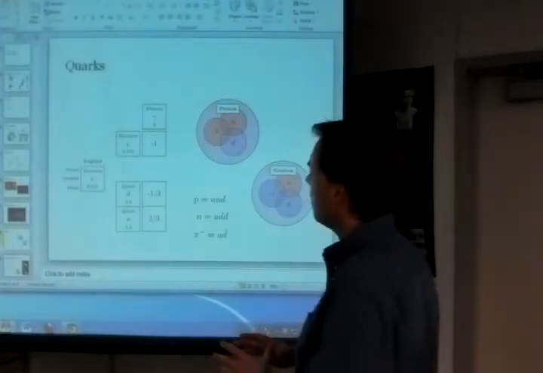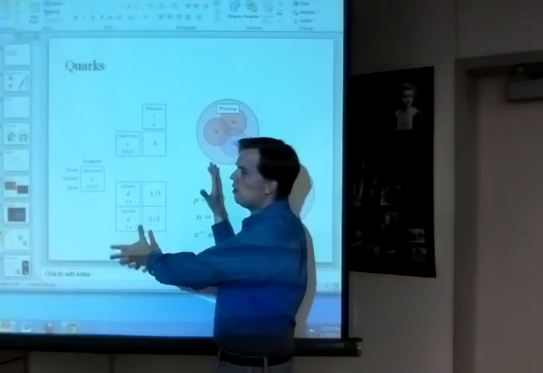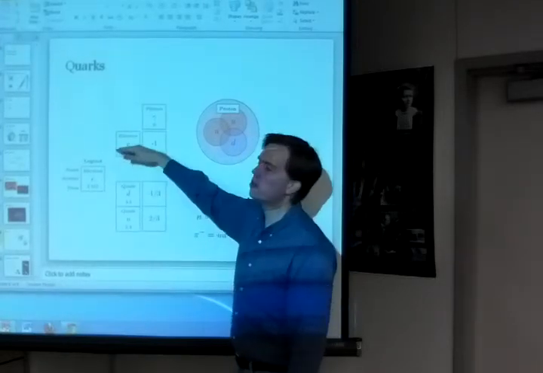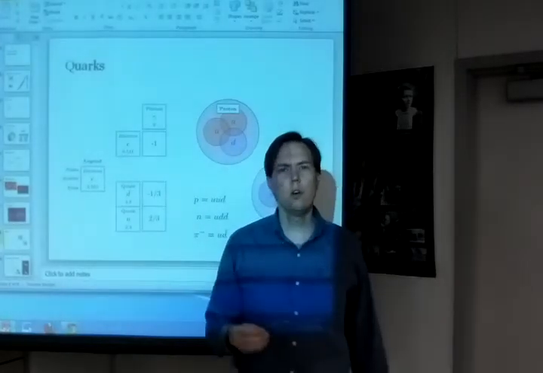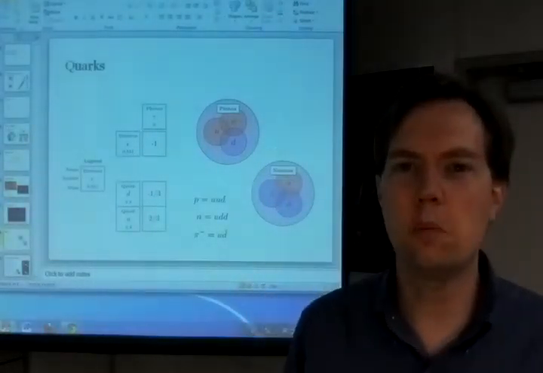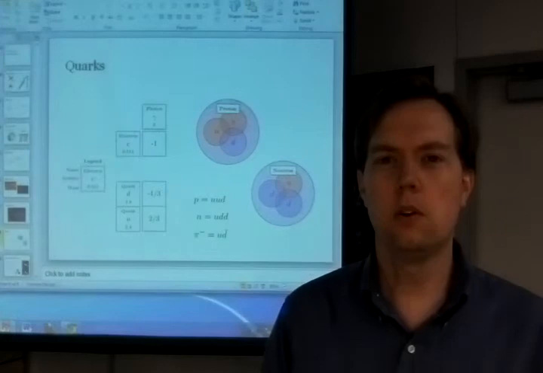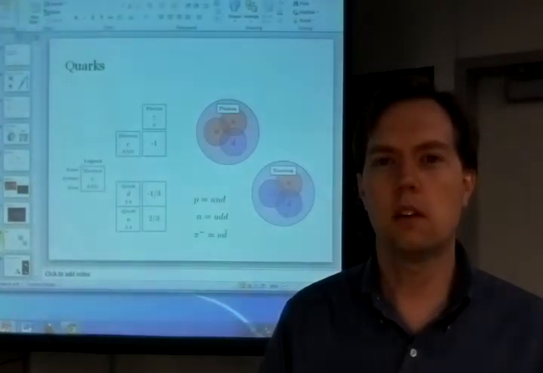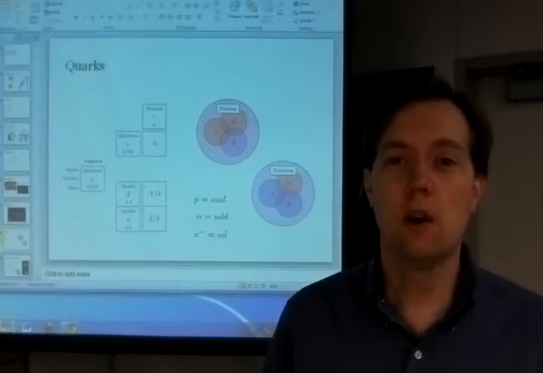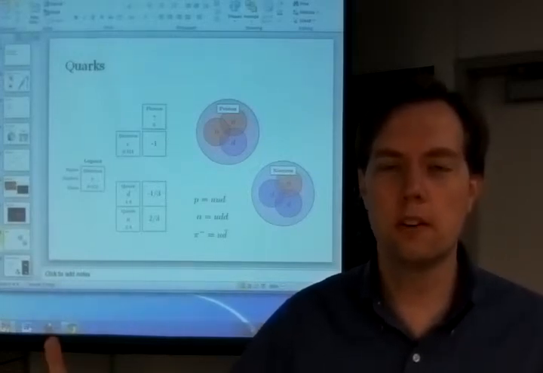And so what we have is basically 12 fundamental particles: 6 quarks, 3 neutrinos, 3 electrons. Those are the truly fundamental elementary particles, and we use this quark structure to explain the existence of what are now called mesons and baryons, the protons and neutrons and their partners.